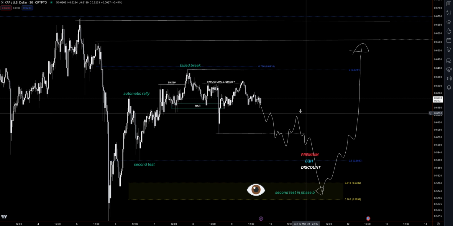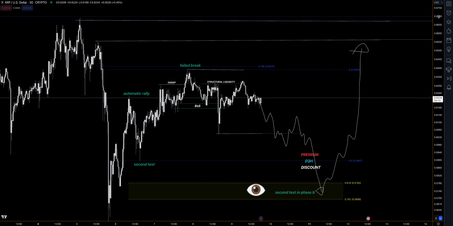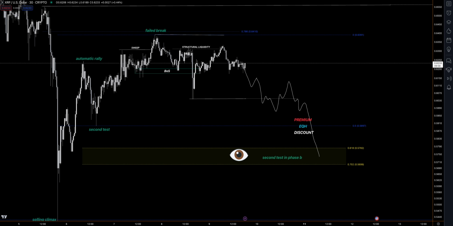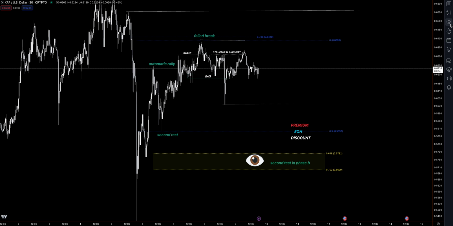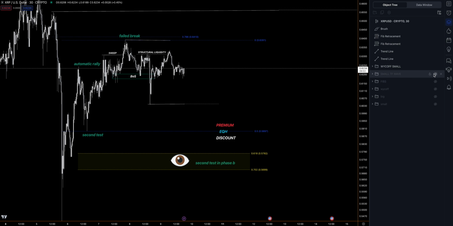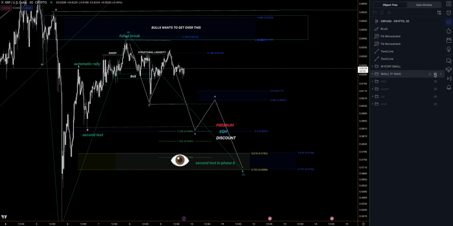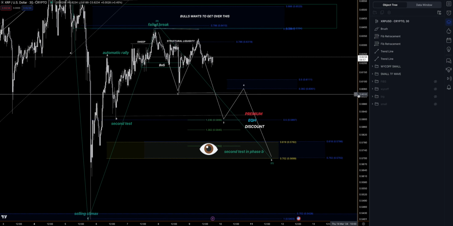Now remember, this may not happen. This may get invalidated, and that'll be good. That'll be good for XRP holders either way, right? Because then we can invalidate this count over here.